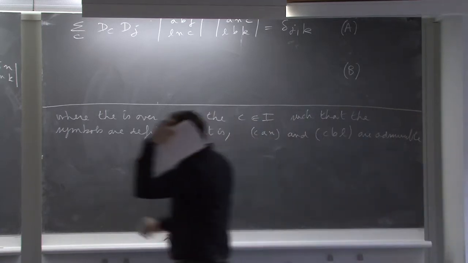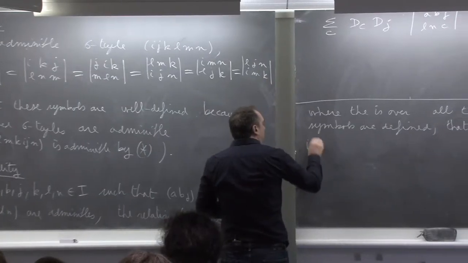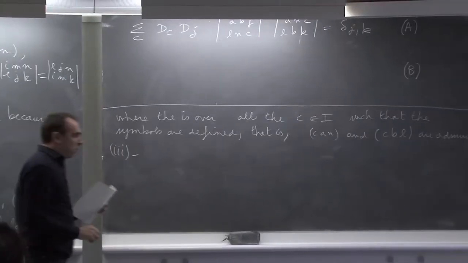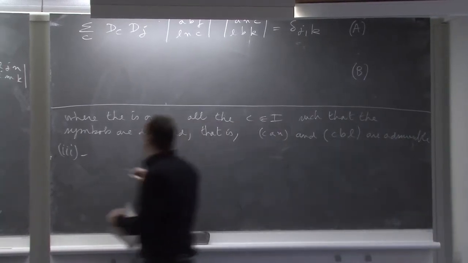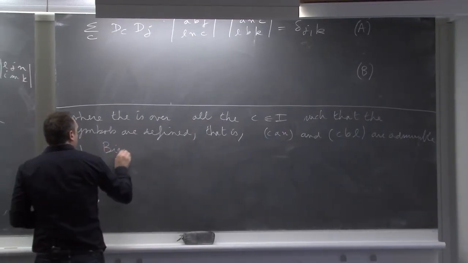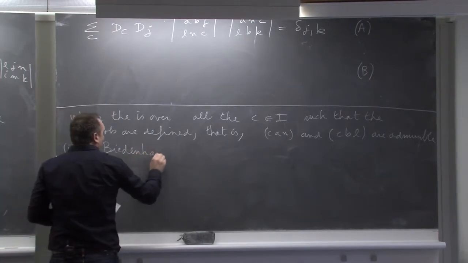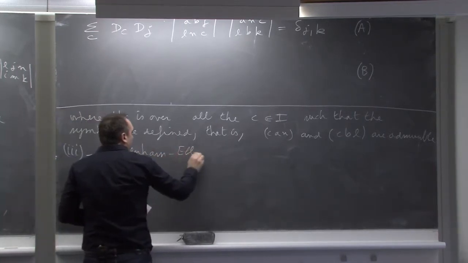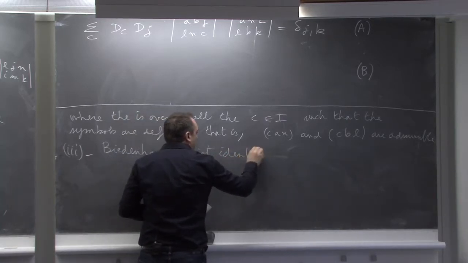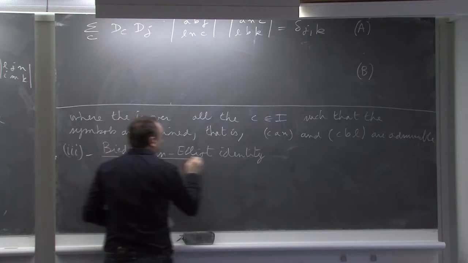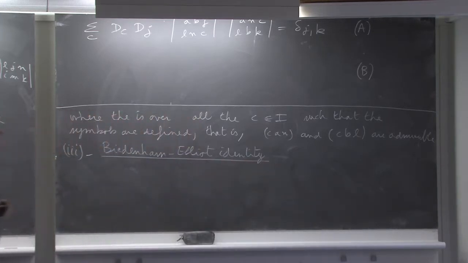The third condition is, for those who know representation theory, it's called the Biedenharn-Elliott identity. Okay. And so what does it say?